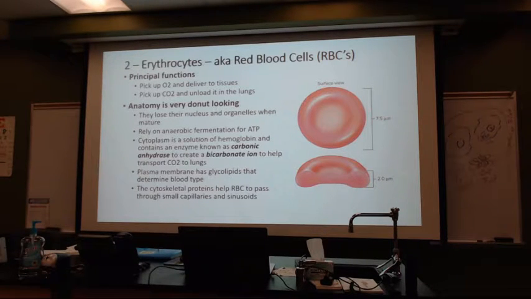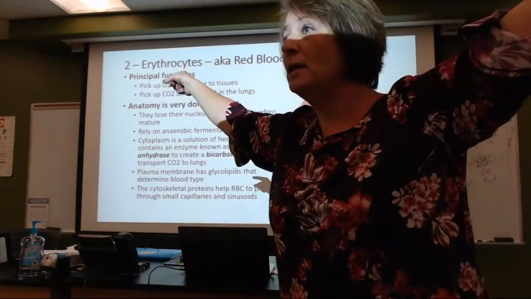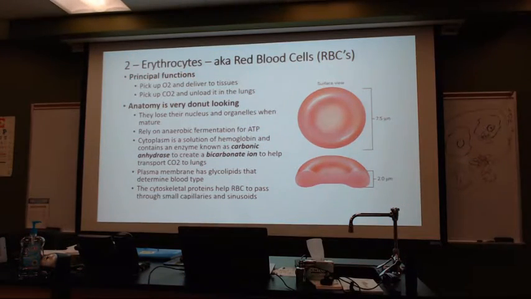By having a vessel that small, and how many did the other slide tell us that we have just in one day's time, the making of red blood cells? 200 million? A billion. When they get to the capillary level, they got to go through one at a time. Think about that for a second. One at a time.